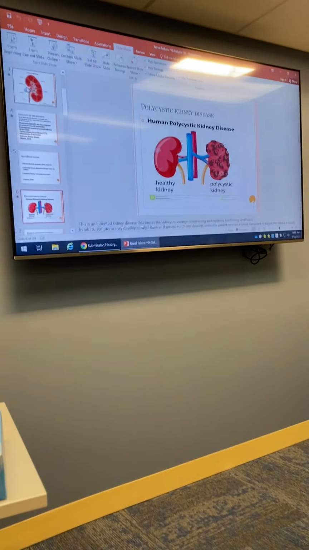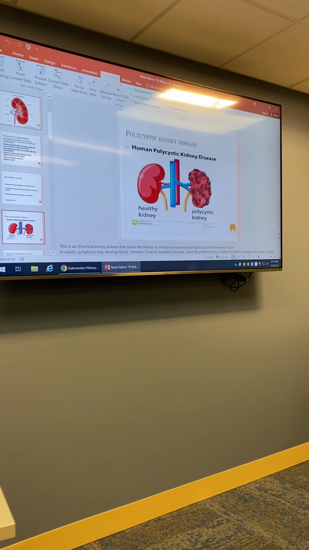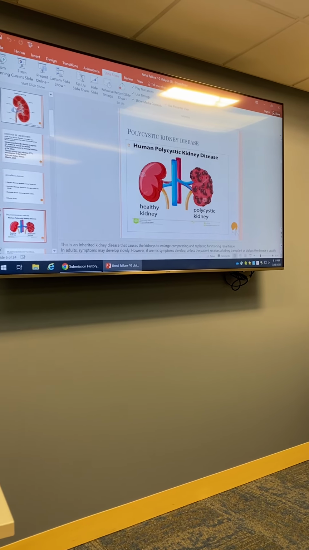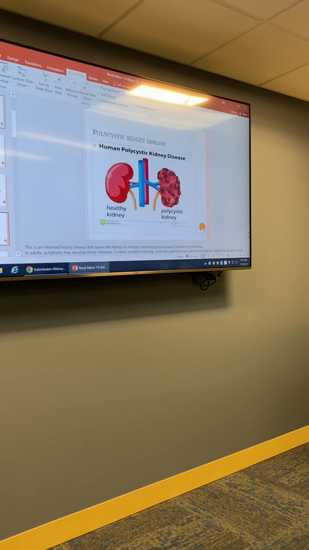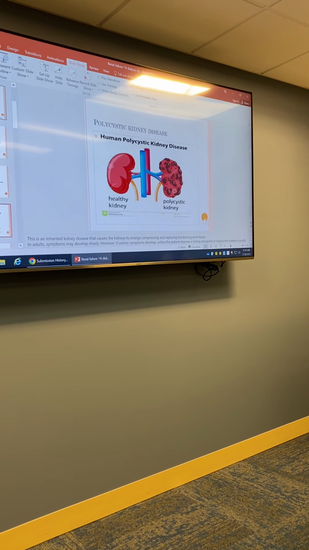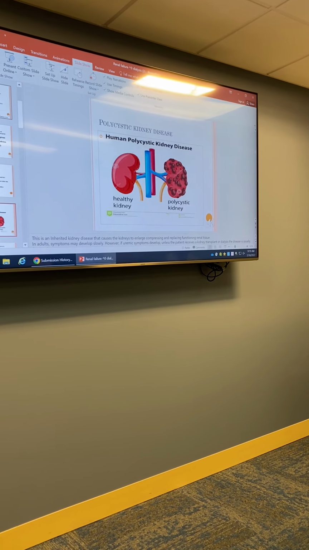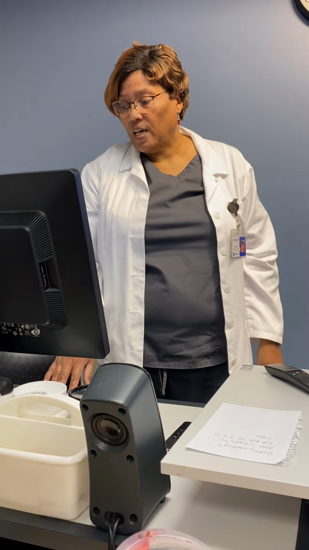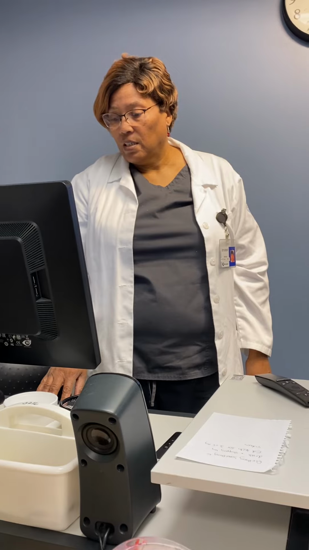Okay, polycystic kidneys. You see these little things on the kidney? Right now, they're cysts. It's an inherited kidney disease, and it forces the kidneys to enlarge, compressing them and replacing function.